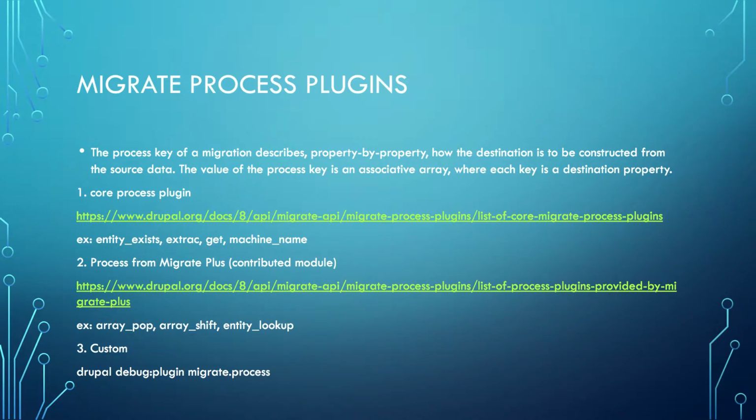The second one is process from Migrate Plus. It's one of the contrib modules, but it has a lot of the migrate process plugins you need. This website has the list, so you can go through it. Common ones are array pop, array shift, and entity lookups. It tells you what the plugins are, what they return, and how to use them.